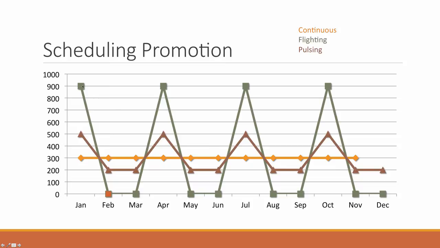Are you going to have a flighting schedule where you have periods of intense marketing communication followed by periods of no marketing communication followed by periods of intense communication, etc.? Are you going to use a combination of the two, a pulsing, where you have periods of higher followed by periods of lower marketing communication, but you always have something in the marketplace?